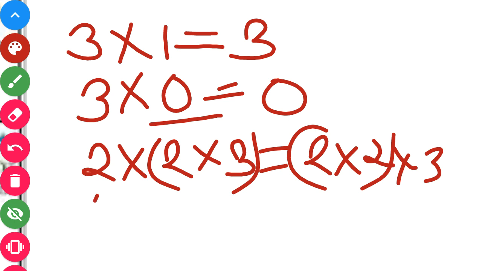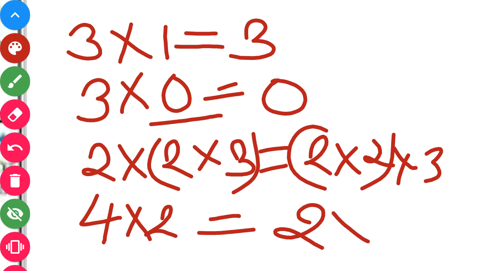Now the fourth is what we have studied. Yeah, order property. So in order property, that means 4 into 2 is equals to 2 into 4. Okay. Done it? Good.